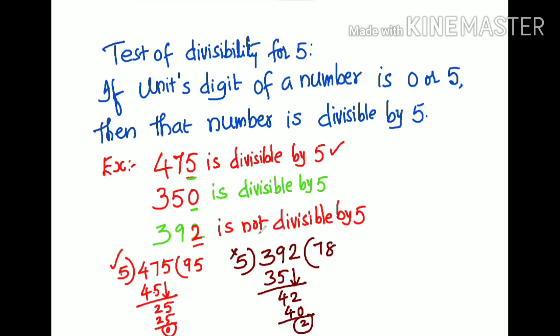So here also same result we got. 392 is not divisible by 5. In this way, we can decide whether the given number is divisible by 5 or not by using this test of divisibility by 5.